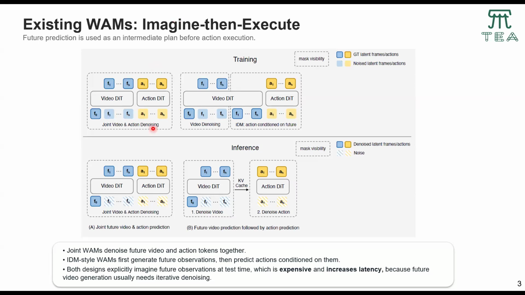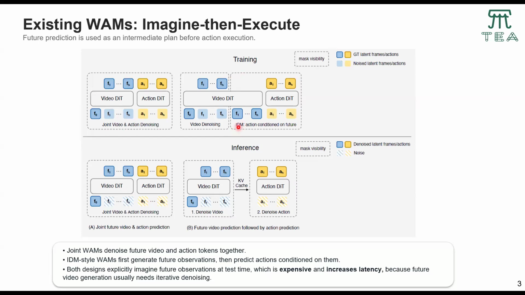In this figure, there are two representative world action model paradigms. In column A, it's a joint world action model. This paradigm tries to predict the future observation and the action generation together in a shared generative process, like diffusion denoising or autoregression. The second one is an IDM-style world action model.